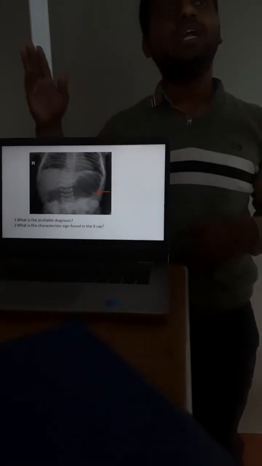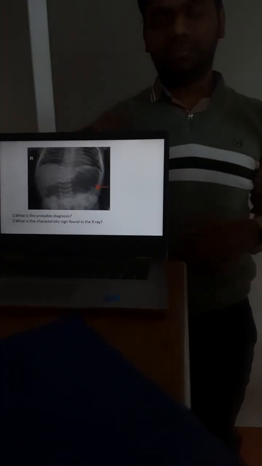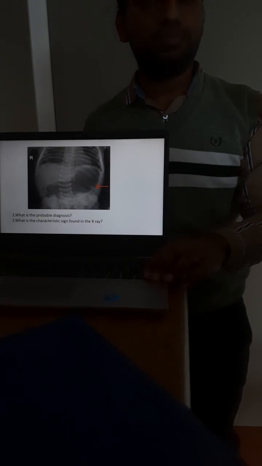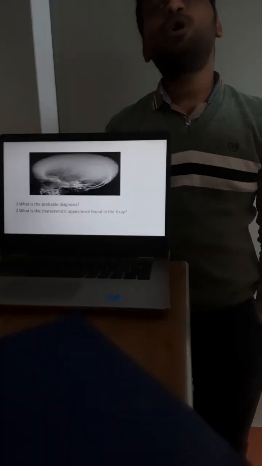H plus reduces means alkalosis, metabolic alkalosis. The kidney tries to compensate for that, with compensatory respiratory changes. The main pathology in CHPS is metabolic alkalosis due to loss of H plus ions.